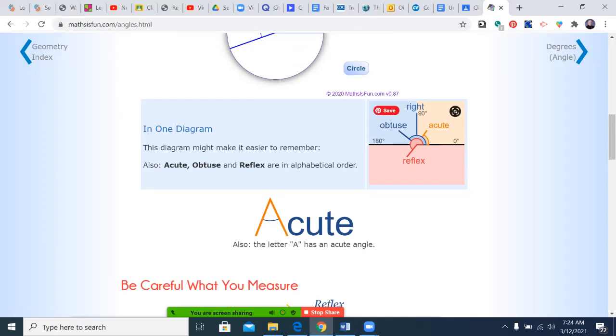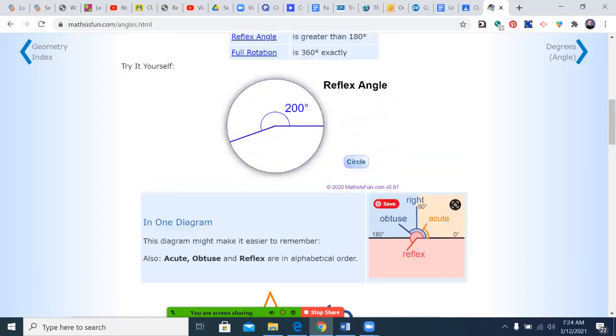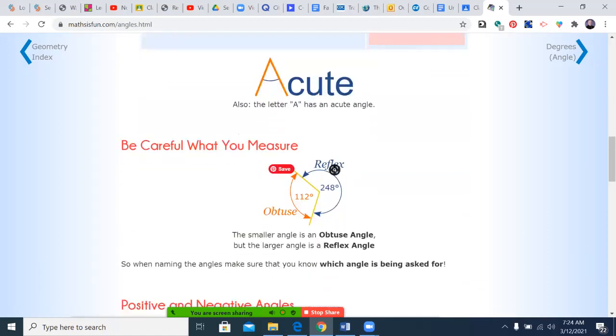Another image here: you can see acute, right, obtuse, reflex, full rotation. The letter A has an acute angle, so it's smaller.